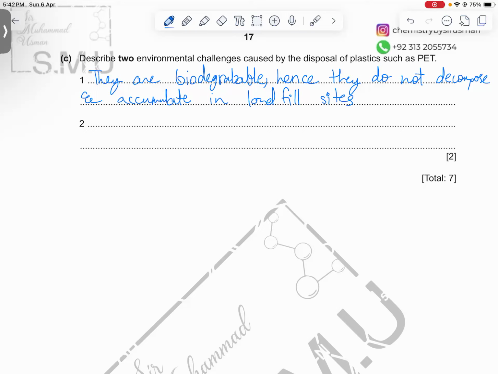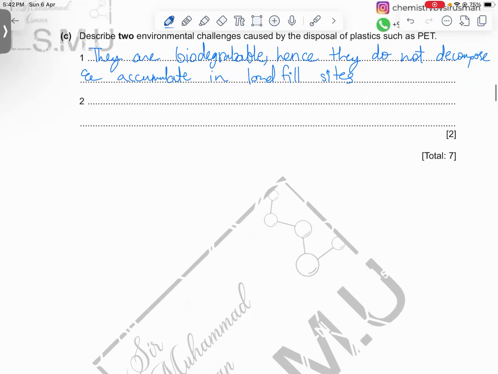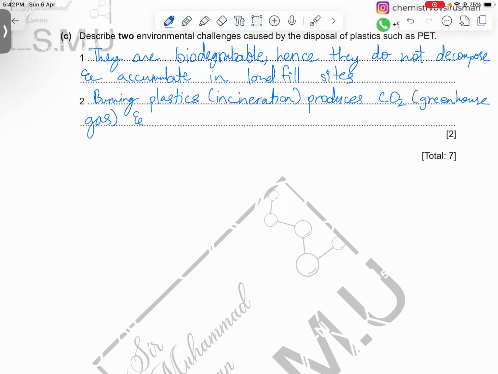So instead, what do we do? We could burn them. But burning them also has serious problems, such as release of greenhouse gases, carbon dioxide, or other toxic gases. All right. So burning plastic, which is called incineration, produces CO2, which is a greenhouse gas, and other toxic gases.